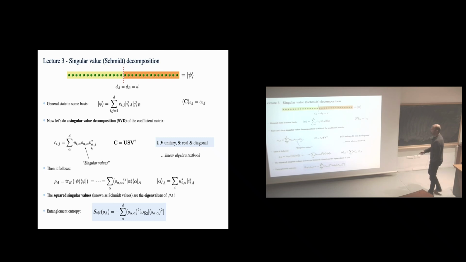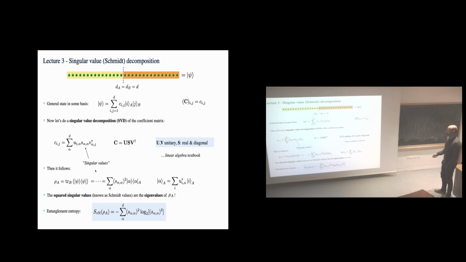Right, so you see already in some way, if you do this, you have this matrix C, then with this unitary U you define a new basis on the left side, and with this V dagger you define a new orthogonal basis on the right side, and the S are really the coefficients of the state in this new basis.